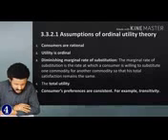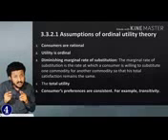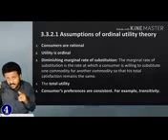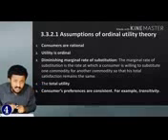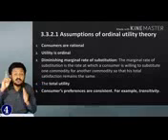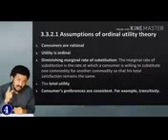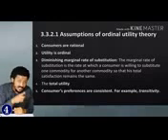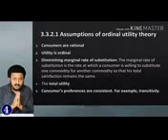If a consumer prefers A to B and B to C, it means that because of transitivity the consumer prefers A over C. This indicates consistency.